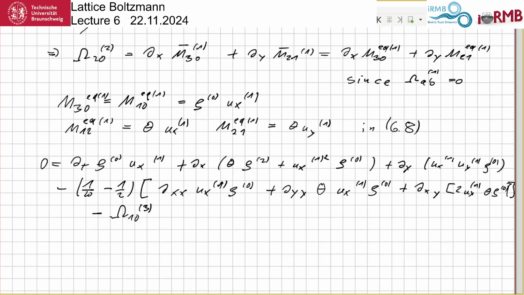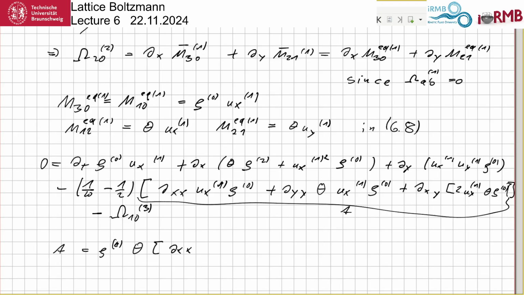And now we call the entire thing in here A. So A is equal to rho 0 theta, dxx ux first order plus dyy ux first order, dx ux first order.